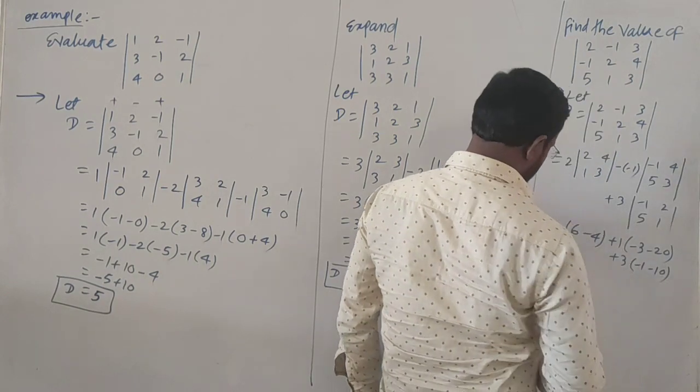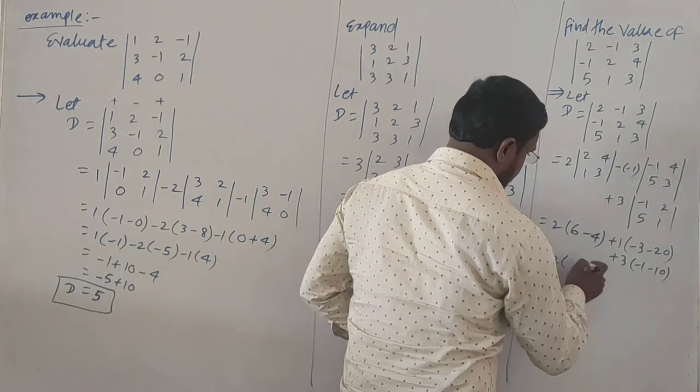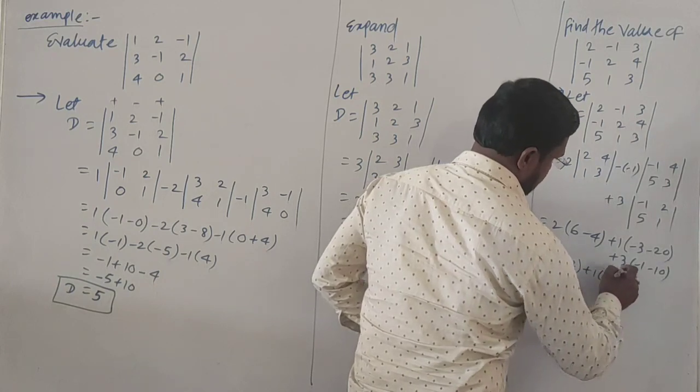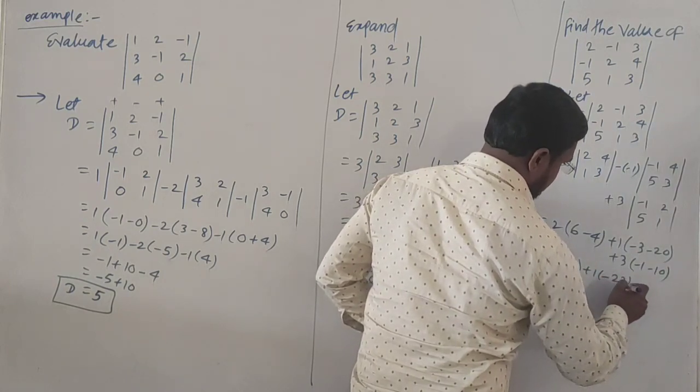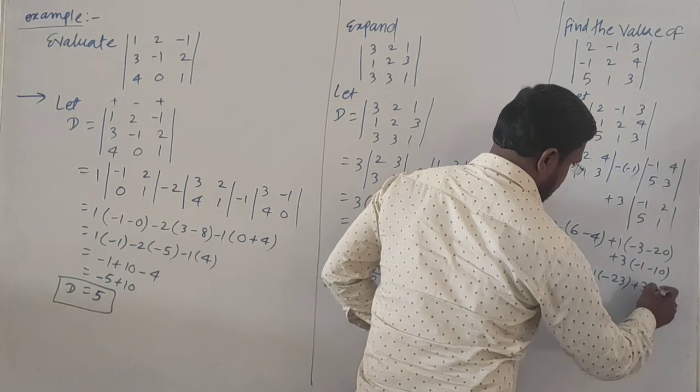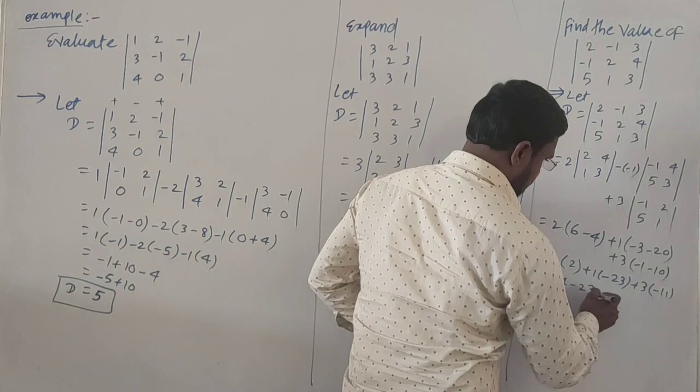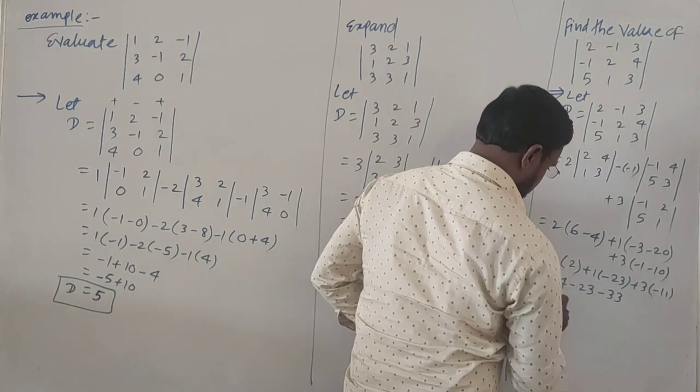Equal to 2 in bracket 6 - 4, 2 plus 1 times -23, plus 3 times -11, equal to 4 - 23 - 33.